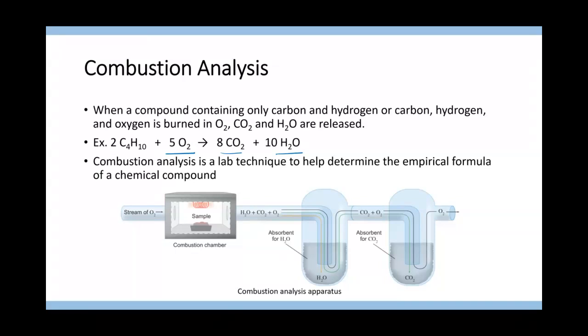So once a sample is burned through this apparatus, you can determine the mass of water that's produced by measuring the mass of water contained within this chamber, and the mass of carbon dioxide that's produced by measuring the mass of carbon dioxide contained within this chamber. So if you know the mass of H2O and the mass of CO2, then we can calculate the empirical formula based on masses of these atoms of the sample that is reacted.